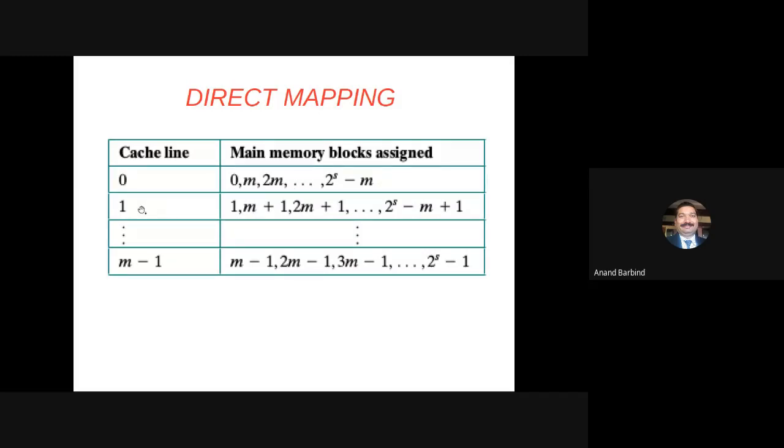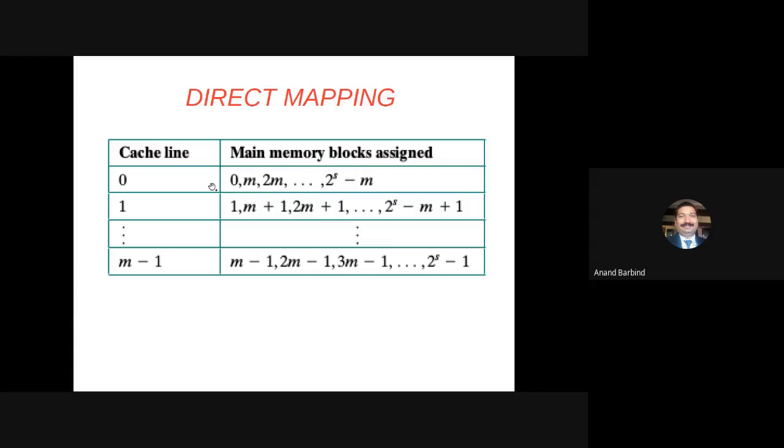Whereas line number 1 can be assigned to the blocks in the main memory at location m plus 1, 2m plus 1, and like that. So it is clear that only one of these blocks can be there in the cache memory at a time. That is, either block number 0 can be there, or block number m, or block number 2m, and like that.